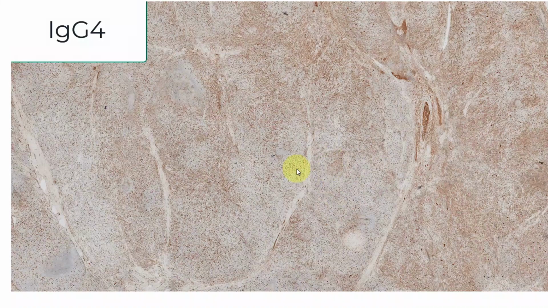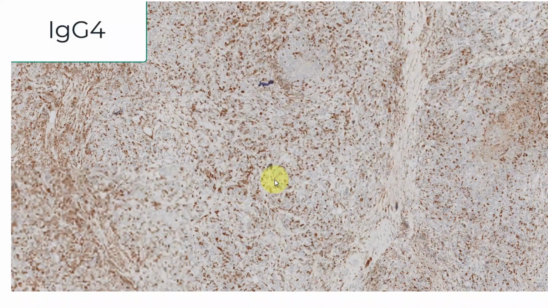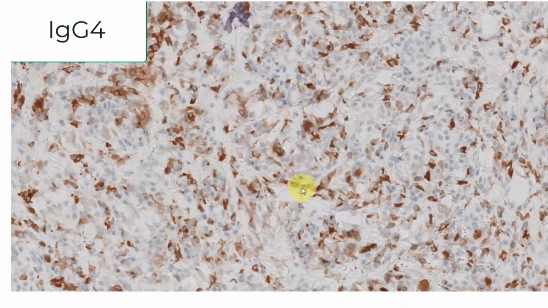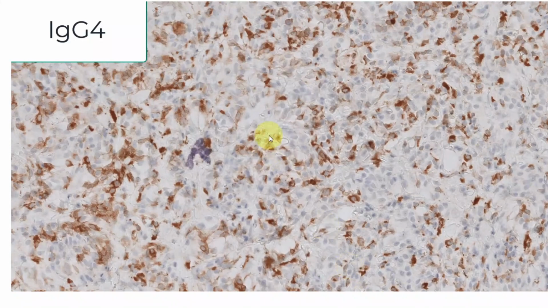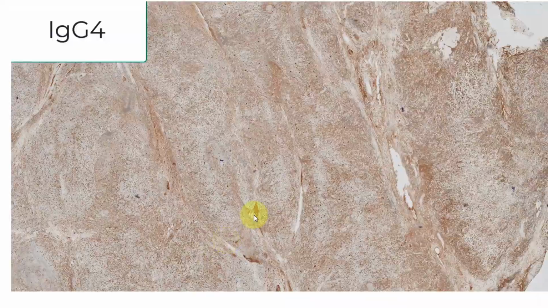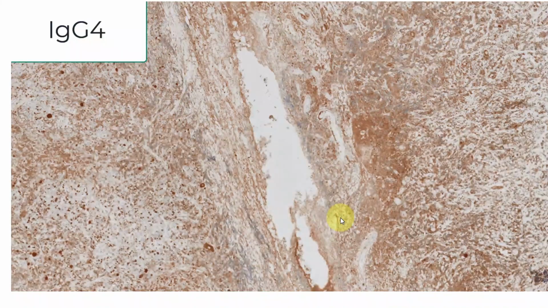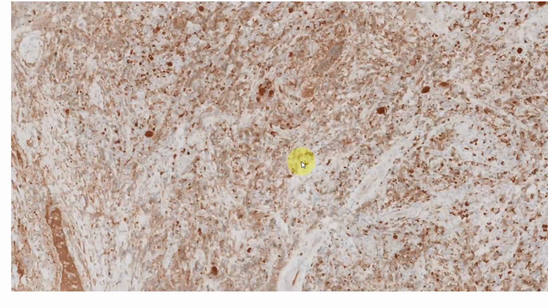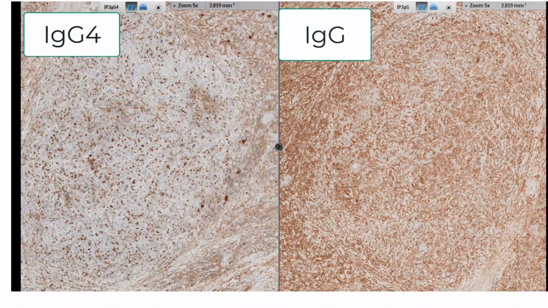So the reason why we got excited about this entity initially was because of a tremendous increase in IgG4 positive plasma cells. And as you can see with this IgG4 stain, a substantial number of cells are actually positive for IgG4. And this gives it this very diffuse and dense appearance. This is way more than you even see with IgG4 related disease. That said, take a look at the IgG4 to IgG ratio.